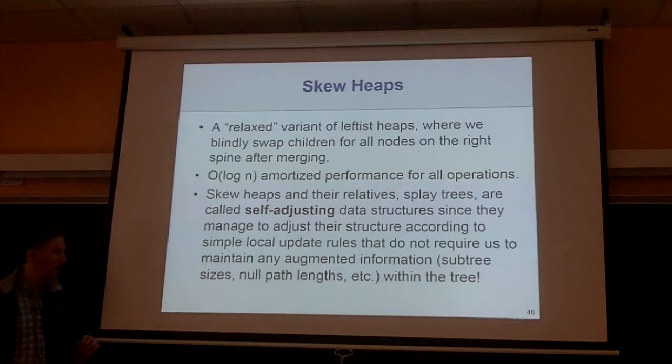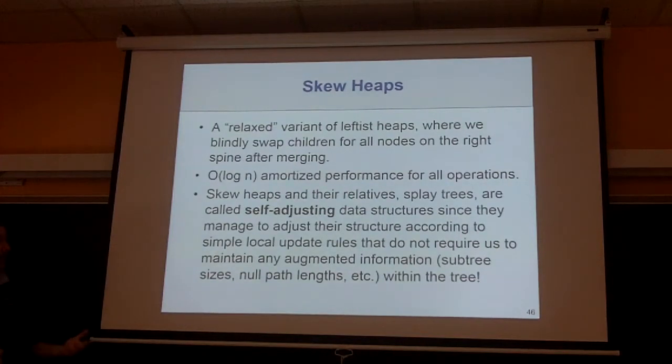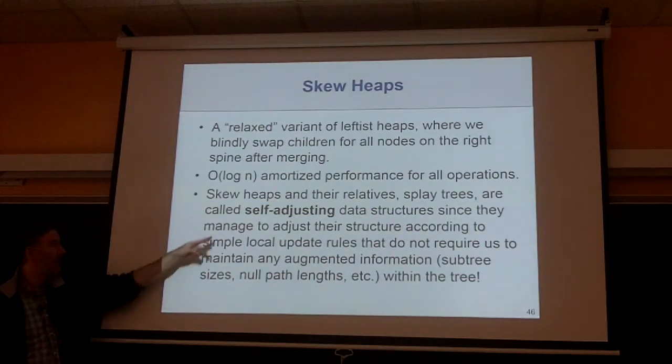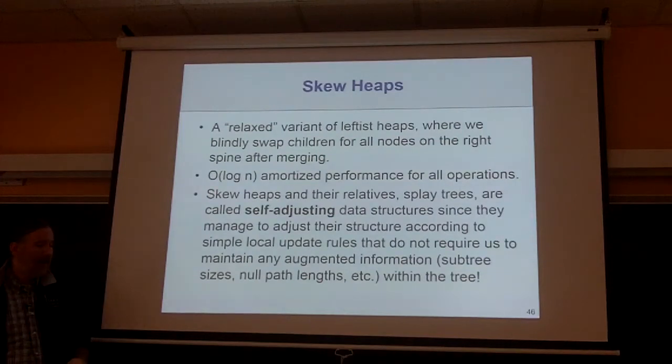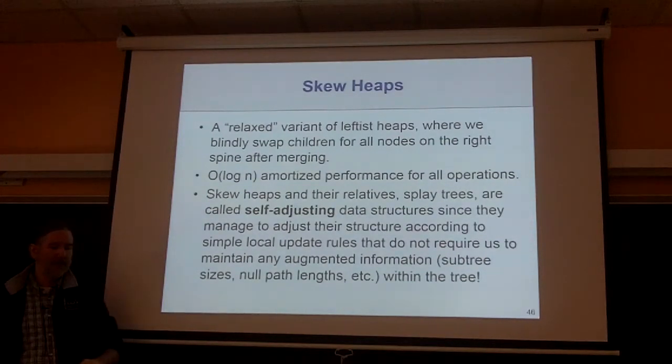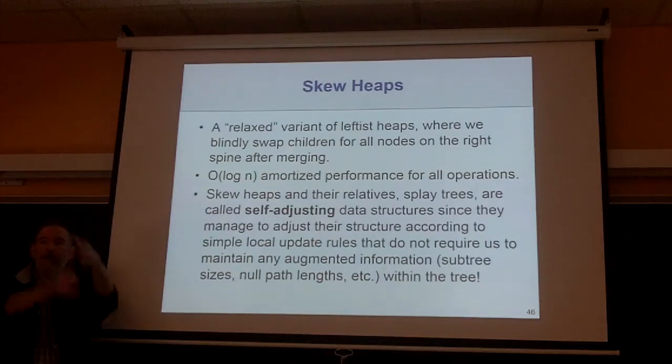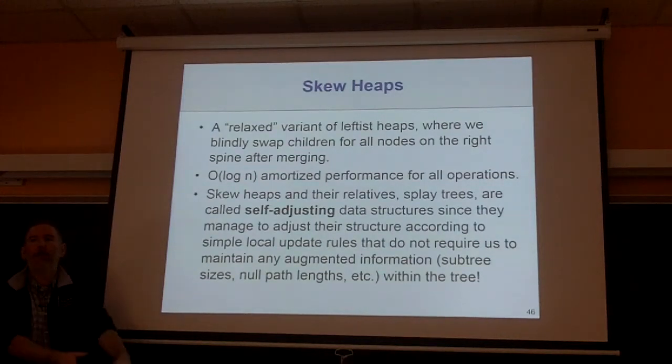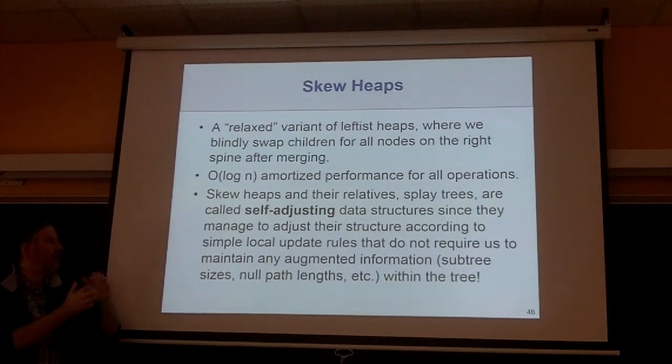Later on, we're going to talk about probably the coolest data structure in the universe, the splay tree, which also is one of these self-adjusting data structures where every time you access an element, you rotate it to the root with this splay operation. Irrespective of whether that seems good or bad, you just blindly follow this restructuring heuristic. You always splay the thing to the root, or you always swap the children.